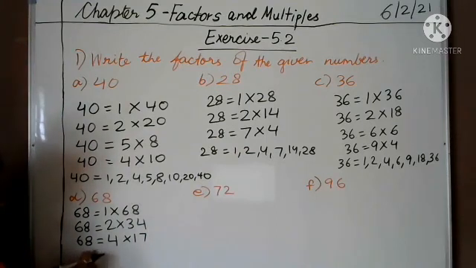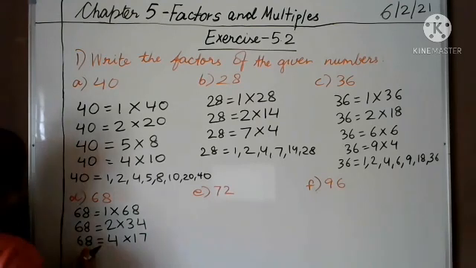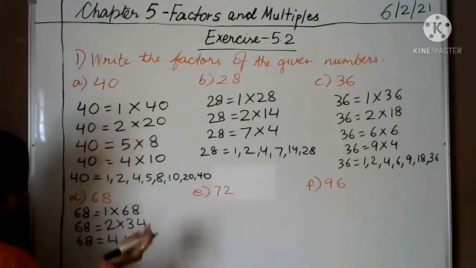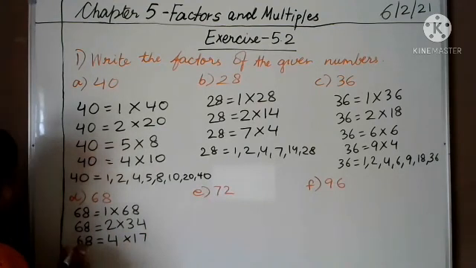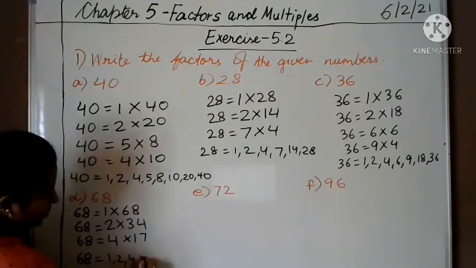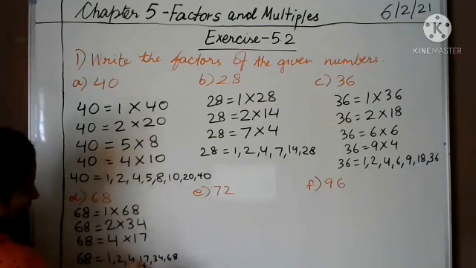Now 5 is not, it is not divisible by 6, not by 7. And so that's it. So we will write here 68 is equal to 1 2 4 17 34 and 68.